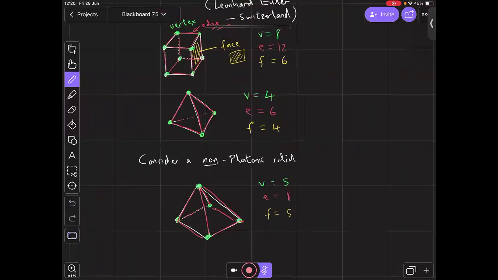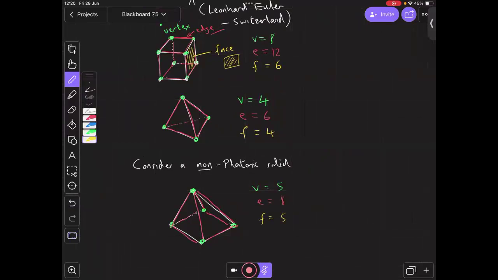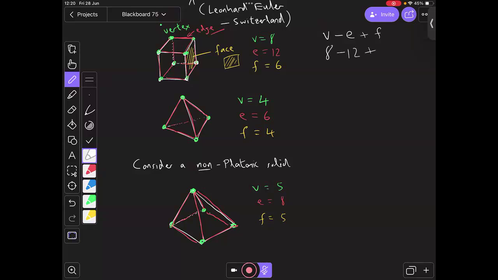I'll just remind you of it here. In each of these examples, if you write down the formula V minus E plus F, so you take the number of vertices, you minus the number of edges, and you add the number of faces, you will get 8 minus 12 plus 6 in this case, which equals, what's 8 minus 12 plus 6?